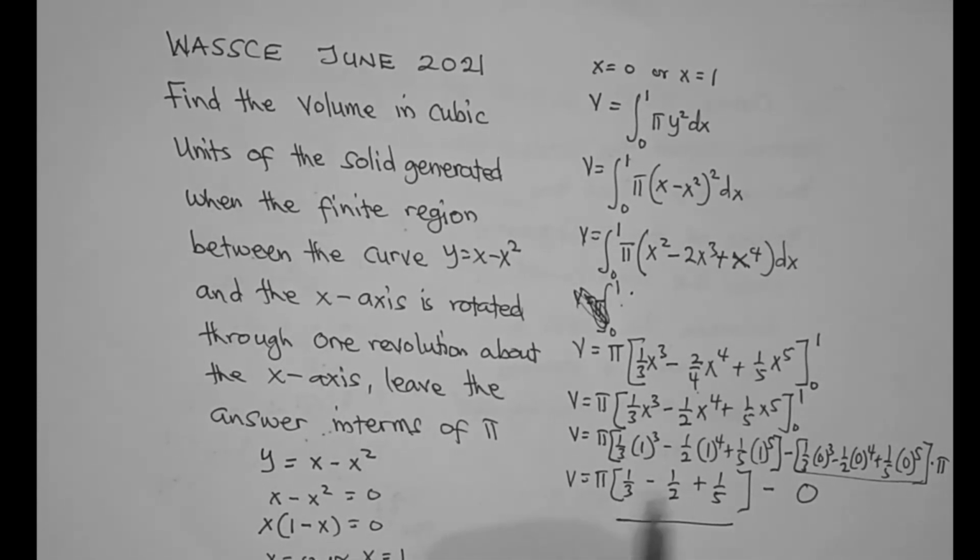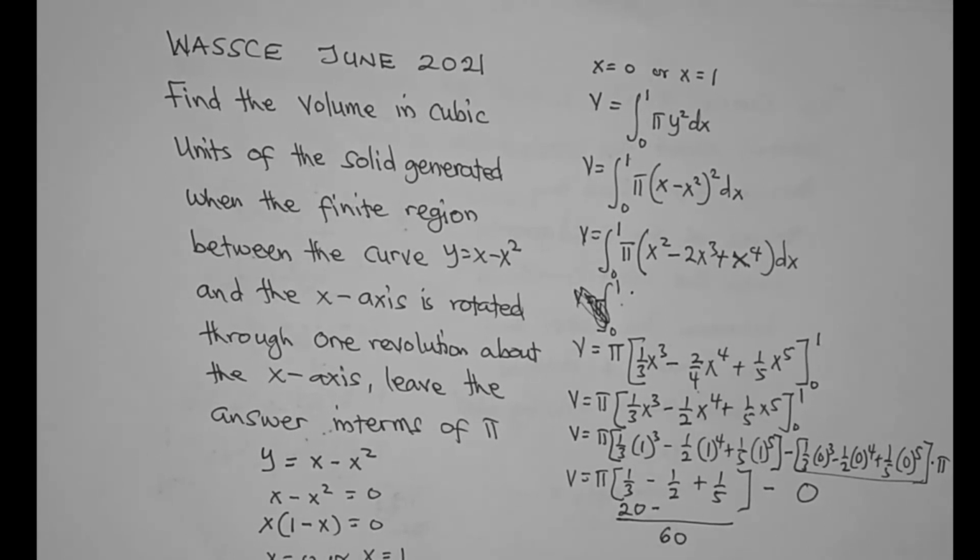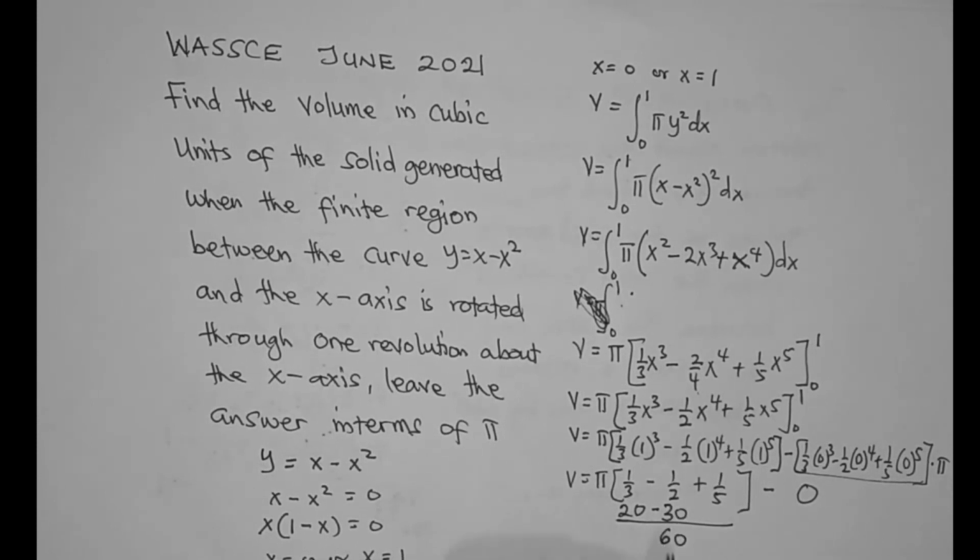So we can find the LCM here, which is 60. 60 divided by 3 is 20, 20 times 1 is 20. Minus 60 divided by 2 is 30, 30 times 1 is 30. And plus 60 divided by 5 is 12, 12 times 1 is 12.